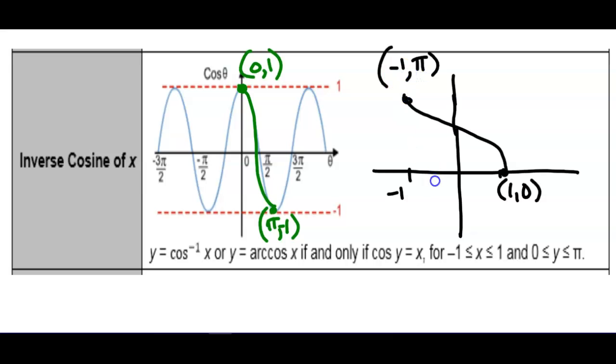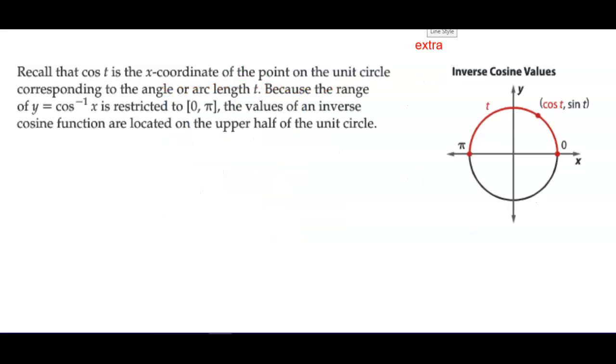All right, anyway, like I said, we're not going to worry about the graphs of these very much, but what you need to remember is it went from 0 to pi. So when we start talking about the unit circle, 0 to pi is going to be quadrants 1 and 2, which is what this slide shows us, okay? That when we have restricted this from 0 to pi, we can only look up here.